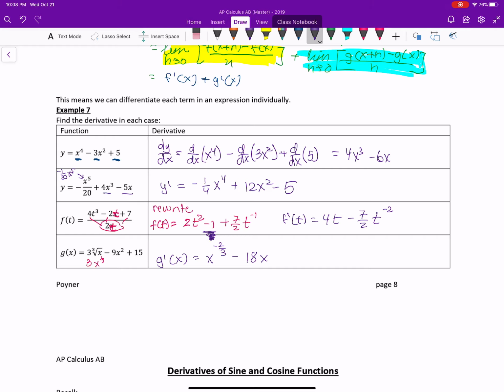This is what I'm getting for that one. And if you want to rewrite it, g prime of x 1 over the cube root of x squared and then minus 18x, you could, right? Don't forget the derivative of the 15 is 0. That's a constant function. All righty.